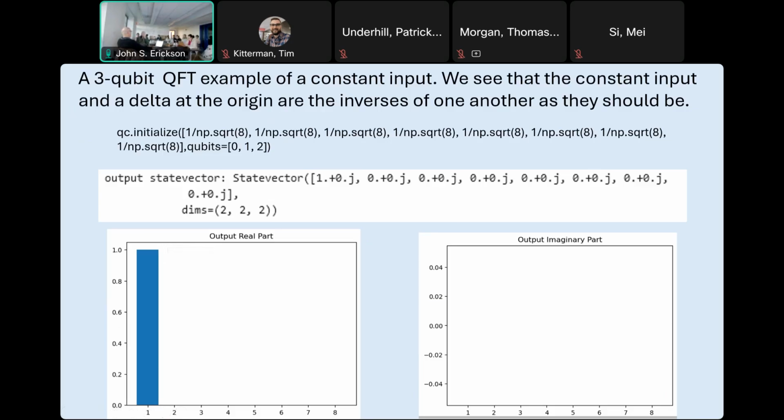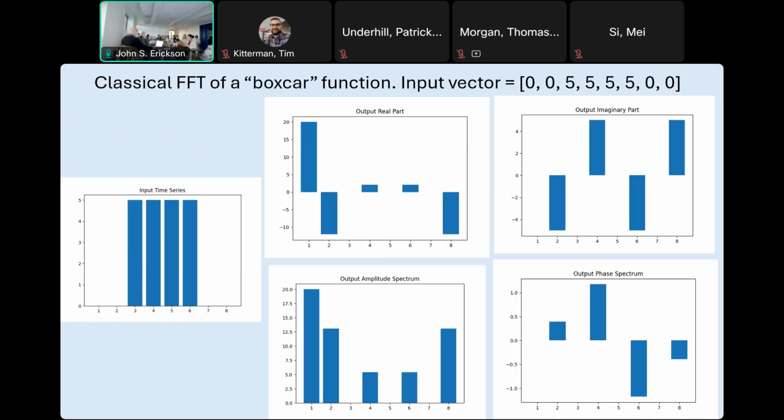And when you have a real valued function, there's never anything in the imaginary part, of course. So the real part is the same thing as the amplitude spectrum. That only works when you have a real valued function. So here's another thing that we discovered. I went through that exercise of normalizing by hand to put in the square root of it.